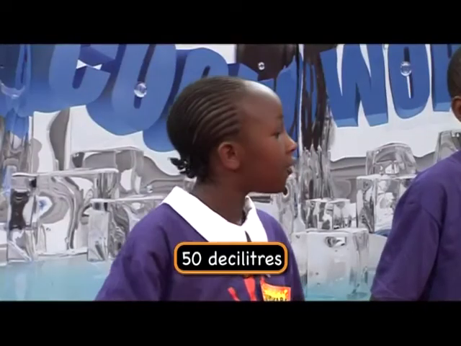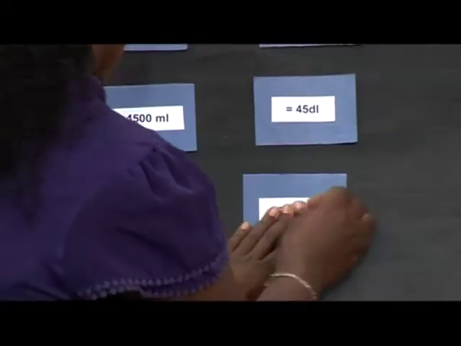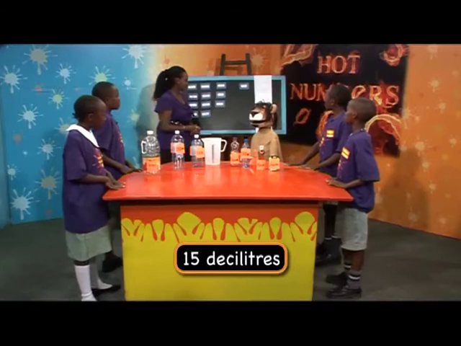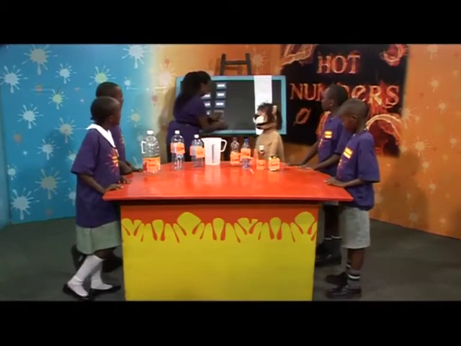Yes, Nyokabi? 50 deciliters. And what about the last one? 1.5 liters. How many deciliters? Yes, Makaranga? 15 deciliters. Well done, all of you. Great job. Now you can all change liters into milliliters and deciliters. Now remember to always write the correct abbreviation of the unit you are using at the end of your number.